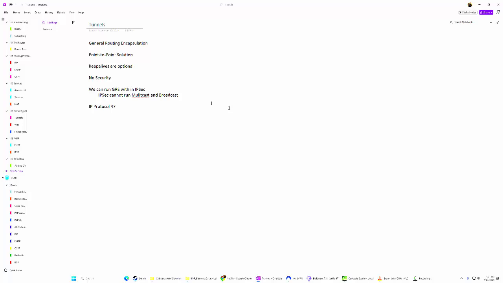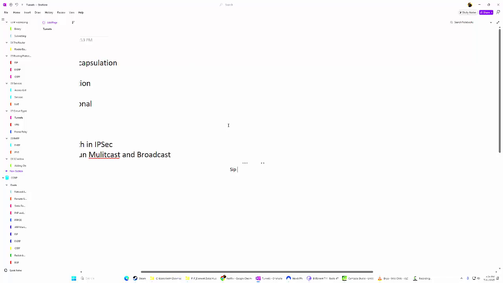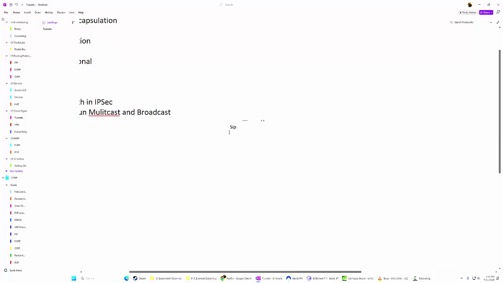The original packet is going to be source IP of 65.1.1.1, destination IP is going to be 45.1.1.1.